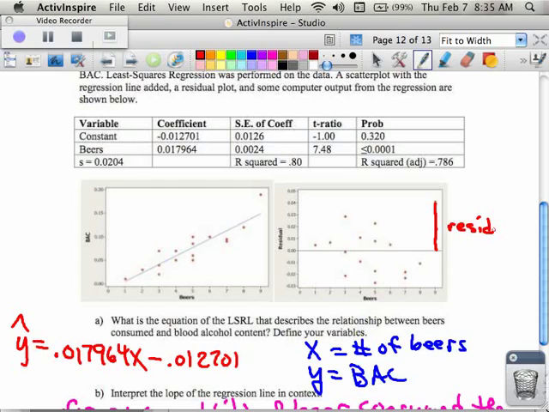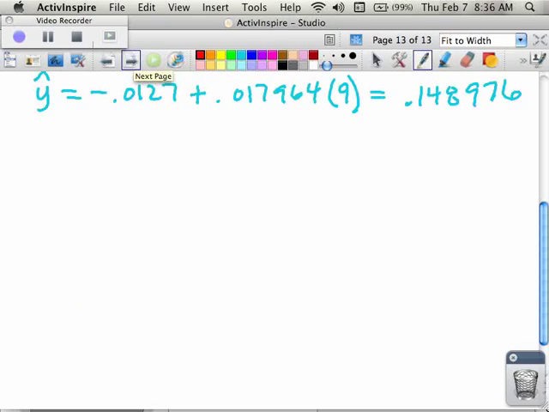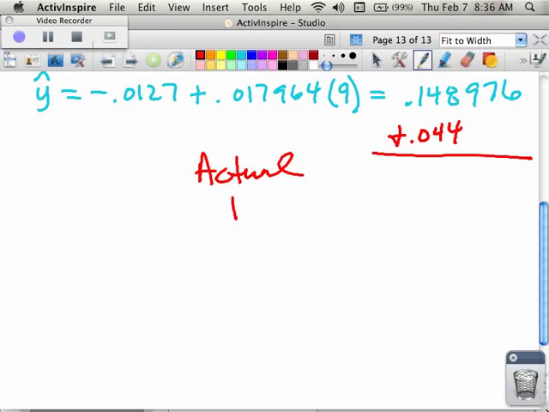The actual number was 0.044. Okay, so I'm going to have to add on 0.044 to that to get the actual BAC.